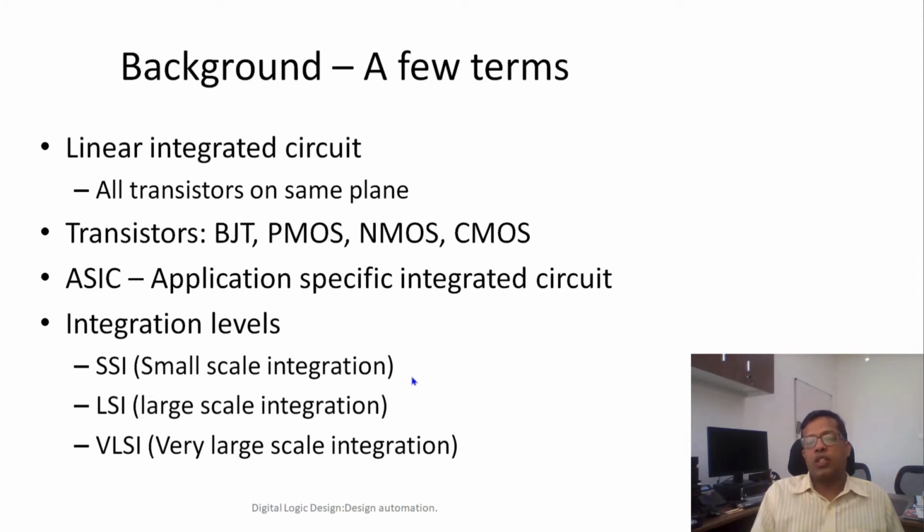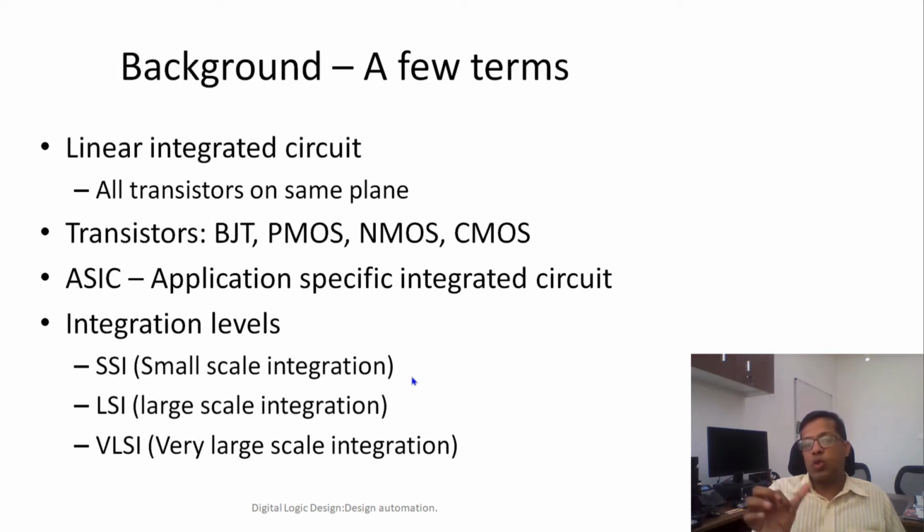You can also call it ultra large scale or very large scale. You can coin all those words, but they become meaningless because VLSI itself means it's going to be very large scale. The scale is beyond the limit of our handcrafted design.